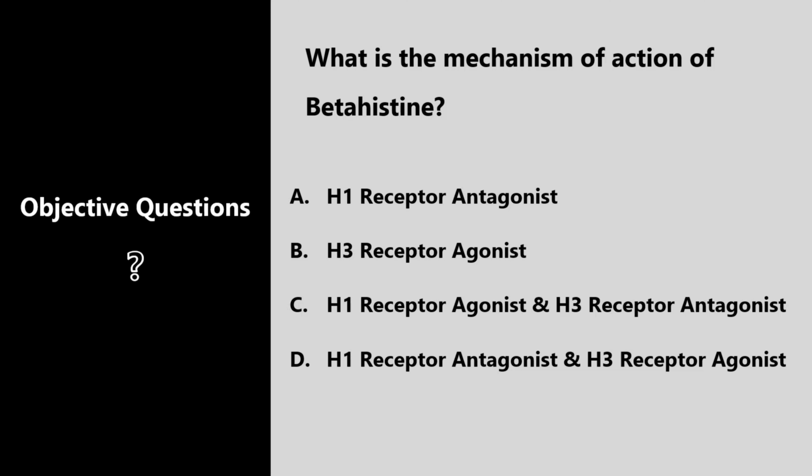Betahistine is a weak H1 receptor agonist and strong H3 receptor antagonist. Activation of H1 receptor causes vasodilation and increased permeability of vessels of the internal ear, which decreases the internal pressure of endolymph. So, the answer is option C, H1 receptor agonist and H3 receptor antagonist.